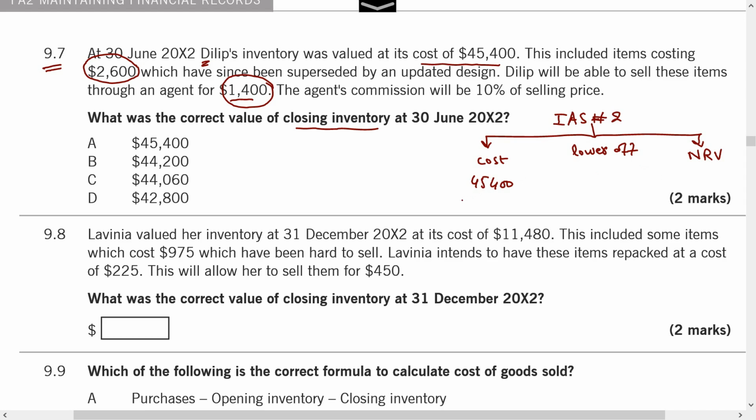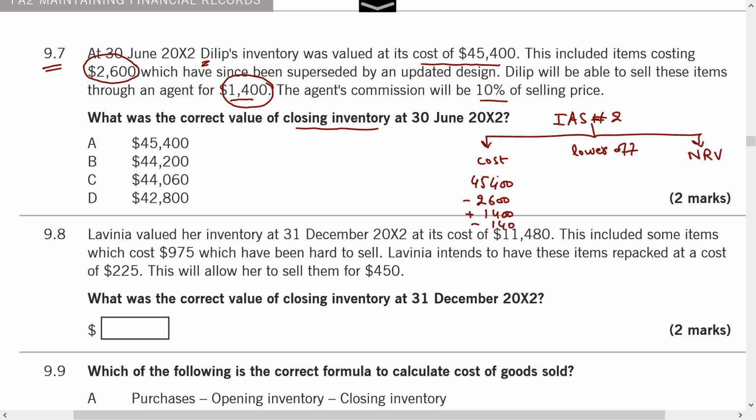First of all, we will less the amount of its original cost, then we will add up the expected selling price, which is NRV, into our total cost, which is 1400, and because there is an associated selling cost, so we will also deduct this amount from our total cost, and that will be 140.